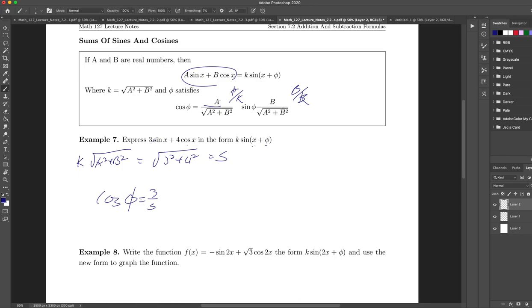So here we have a over k for cosine of phi, and then sine of phi is 4/5. And notice here that this just gives us the triangle, which is the 3, 4, 5 triangle for your phi. Hold on, that should be a phi.